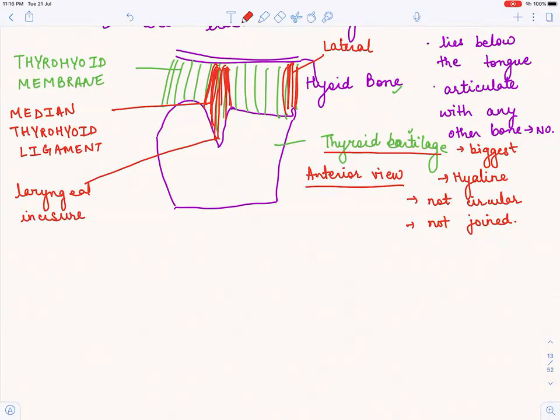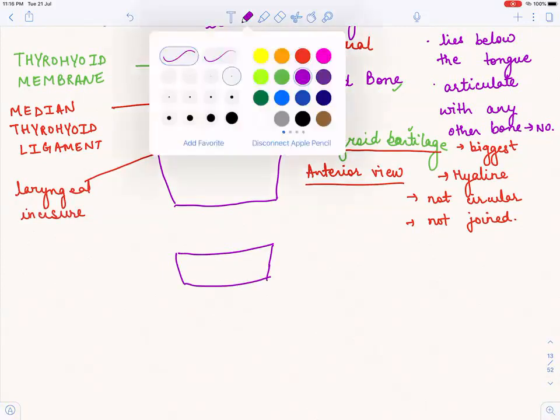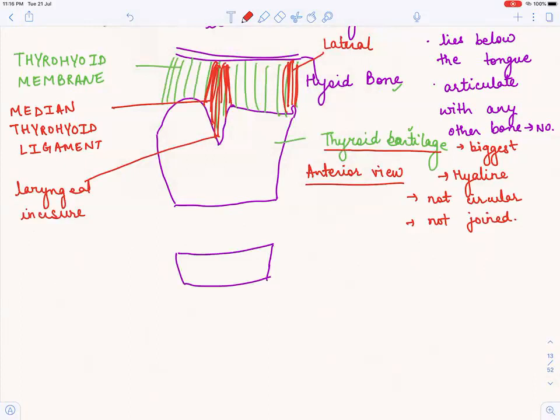Now what will we draw? We'll draw the cricoid cartilage, and let me use this color. This is the cricoid cartilage. Something to know about the cricoid cartilage: it is circular or ring-like.